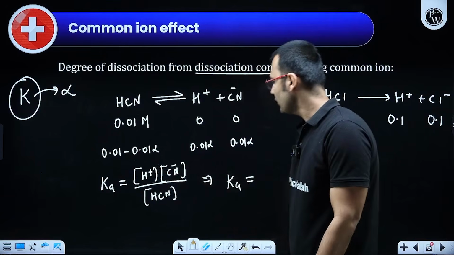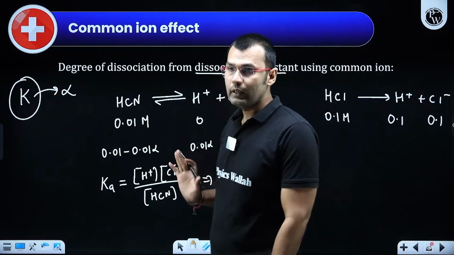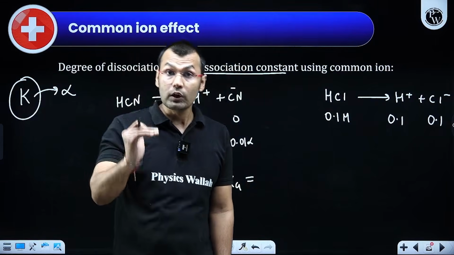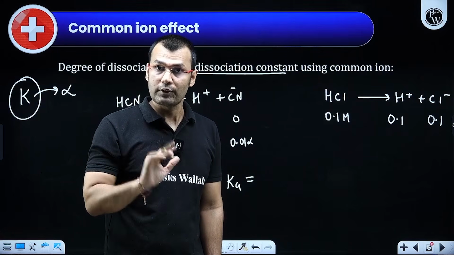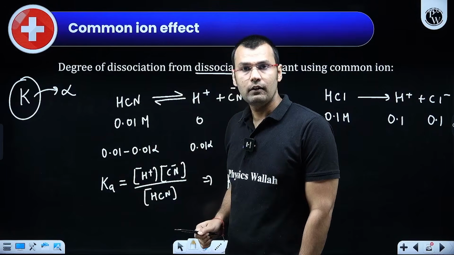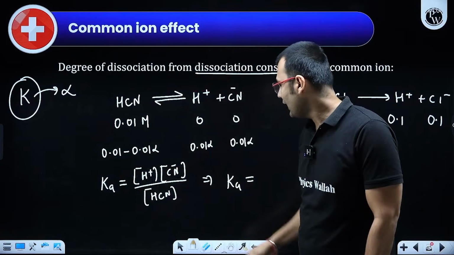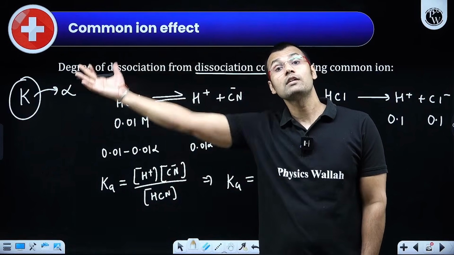Now concentration of H plus, which is a common ion, please remember that in any calculation we always take the total concentration of the common ion. Total concentration, although you are doing calculation of K for your weak acid part. But because in the calculation of K, I need the concentration of H plus, which is the common ion, I will be taking the total concentration of H plus.